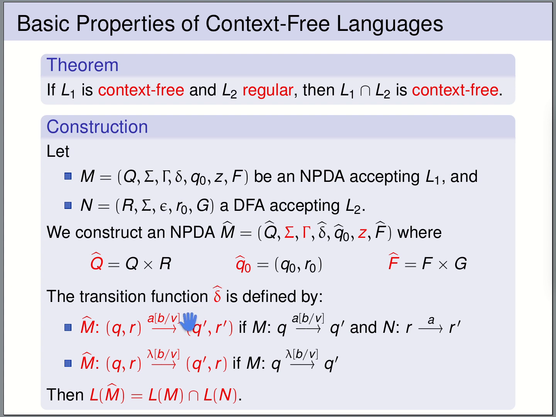If the second automaton is a DFA, then we just simulate the change of the state, but we do not have to simulate the stack for the DFA. So the product construction does not work because in order to simulate two automata with two stacks, we would need an automaton with two stacks, but an NPDA has only one stack.